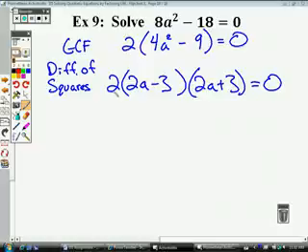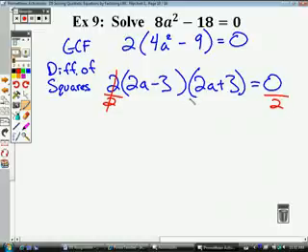See that 2 out there, folks? I can get rid of that 2 by dividing it into 0 over here. If I divide this by 2, that cancels. And if I do the left side of the equation, I got to do the right side of the equation. So what's 0 divided by 2? 0. It's gone. Okay, so you can just cross off the 2's on your papers right there.